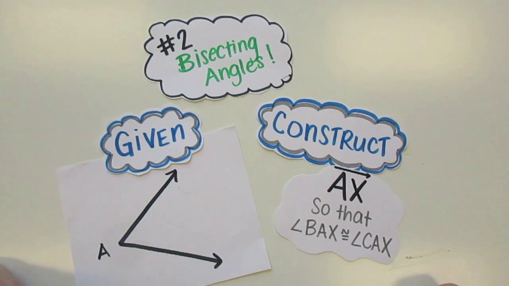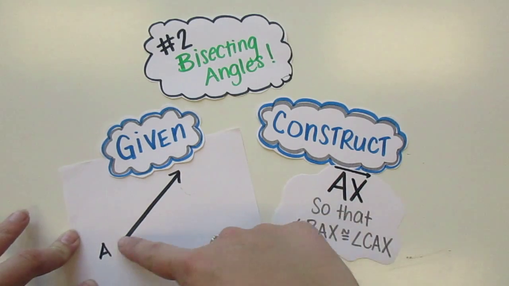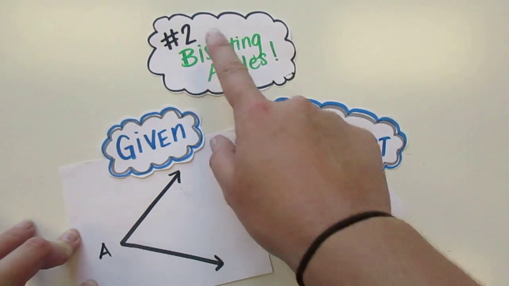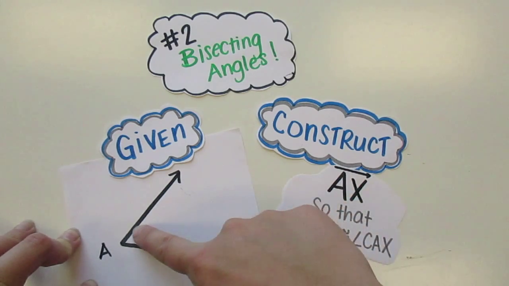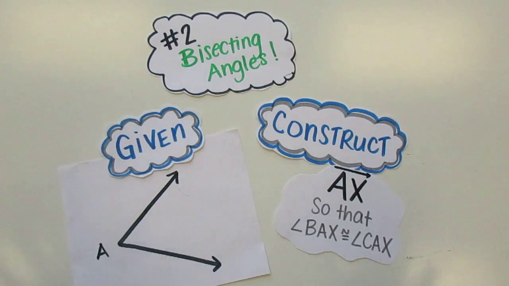Now you're probably asking, where are B and C coming from? It's going to be one of the steps. We're going to be cutting this angle into two equal parts. That's what bisecting means. Bisect means to cut into two equal parts. And I'm going to make a line in this angle so that each side of that line is going to be the same measure.